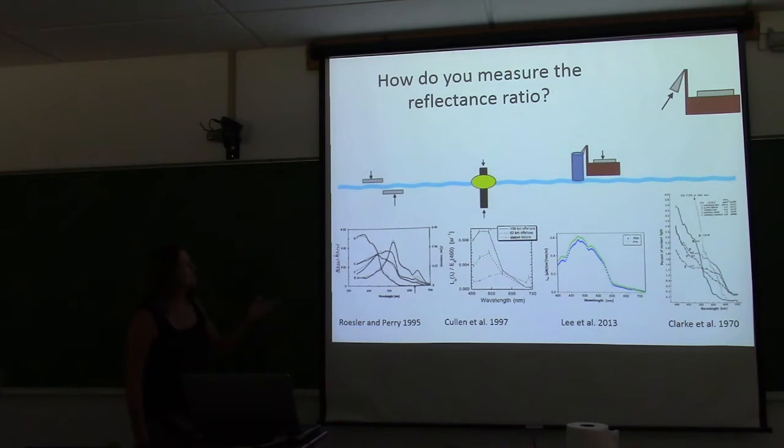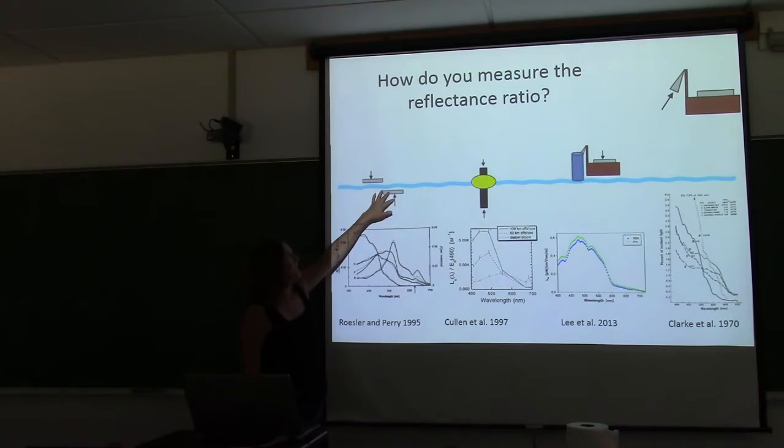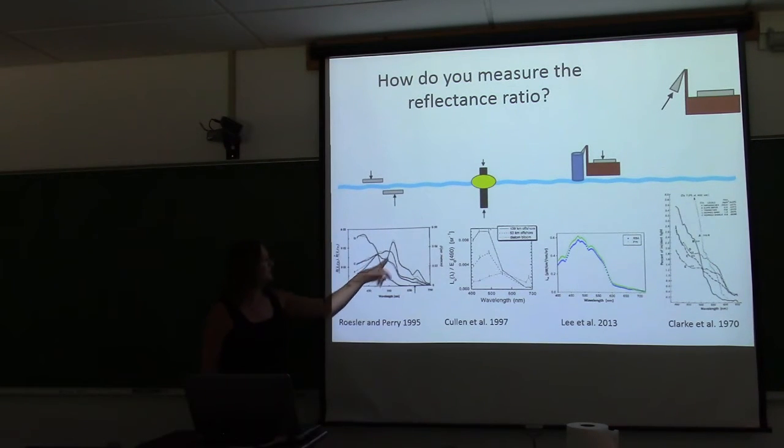Okay, so anyway, I want to talk about how we measure the reflectance ratio, because you did a lot of these already this last week. Here's an example where you have two cosine collectors, one above the surface, one below the surface, measuring downward irradiance and upward irradiance. And here's an example of some spectra that I measured in a variety of different locations.